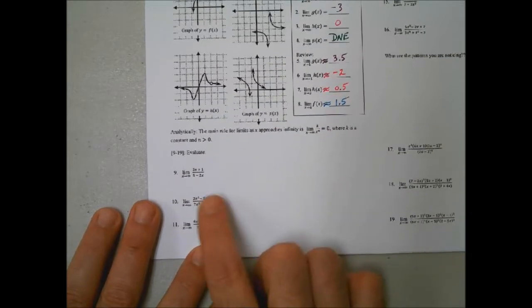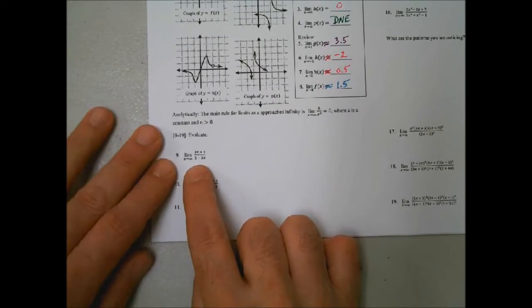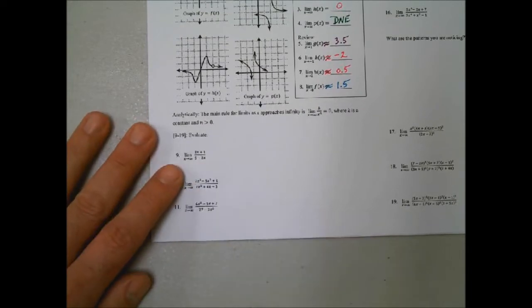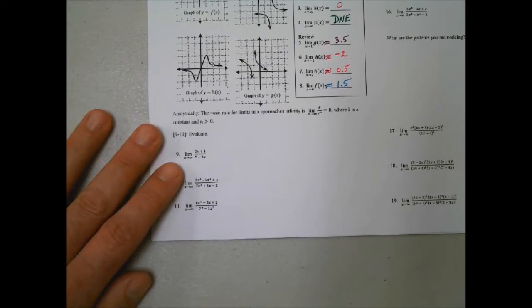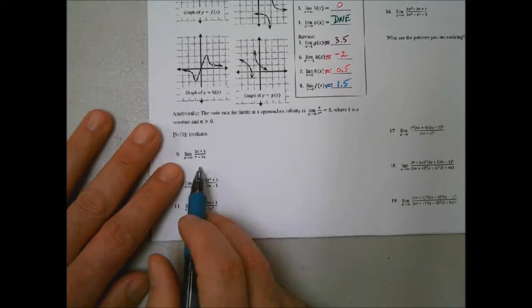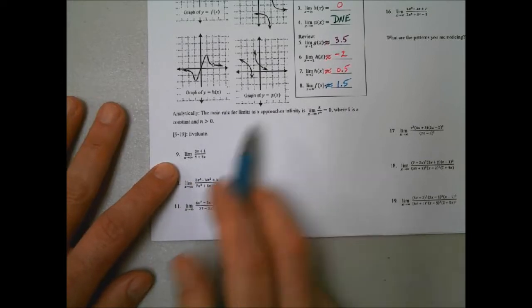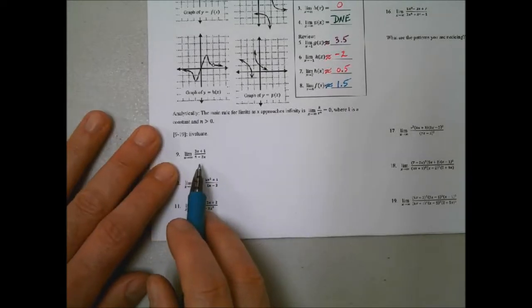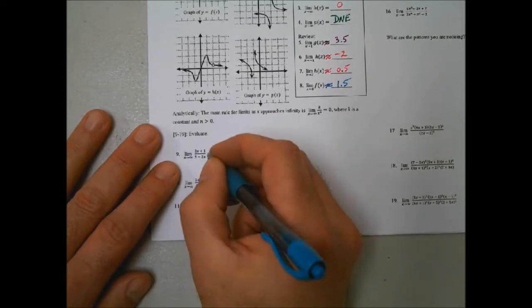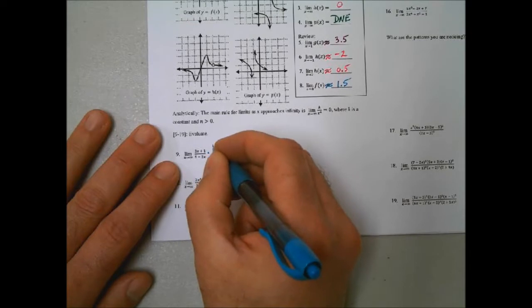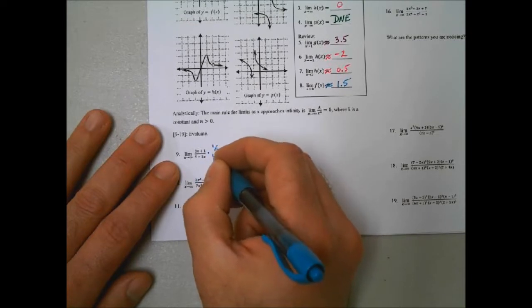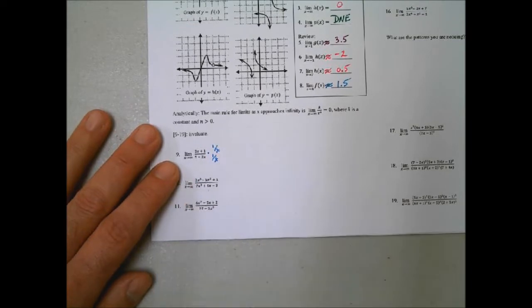Okay, so number 9, we're evaluating this by analytical methods. At this point you're going, well, I don't have anything quite like this. Well, what's the highest power of x in either the numerator or the denominator? x to the first. So I'm going to multiply top and bottom by 1 over x to the first.